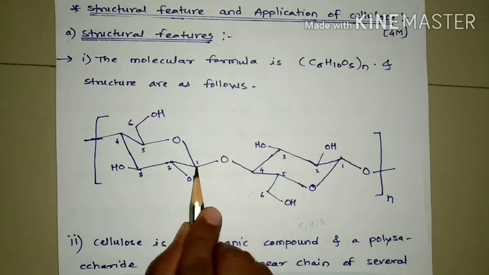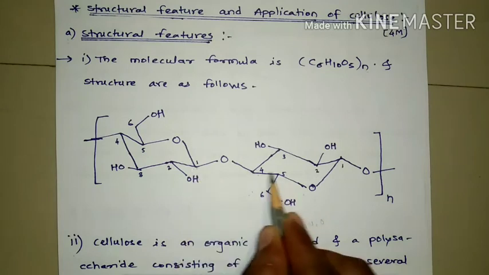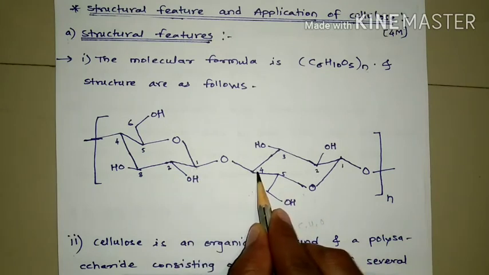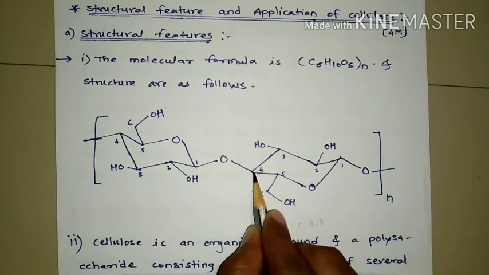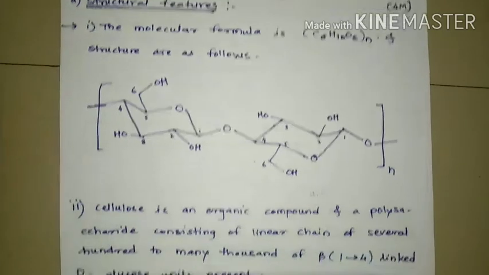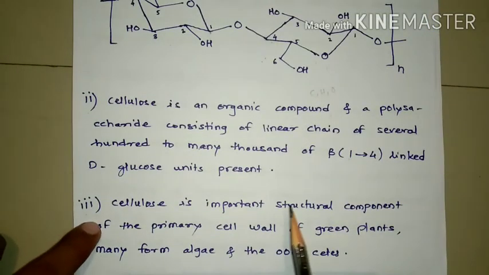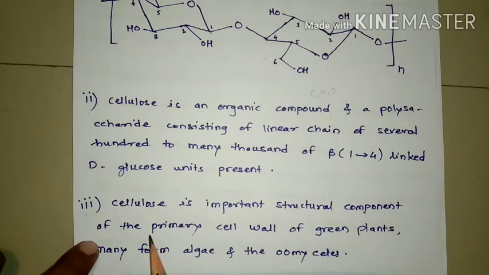This carbon is at the one position of the first unit and the fourth position of the second unit, and this is the cellulose structure.